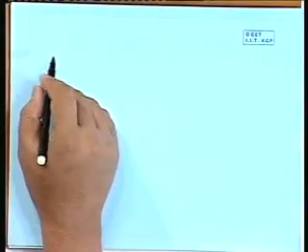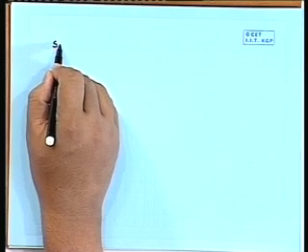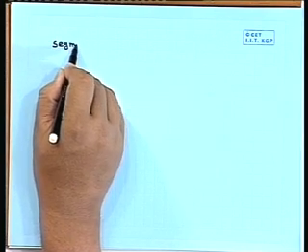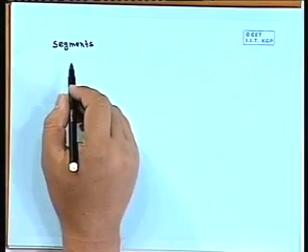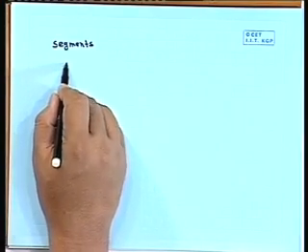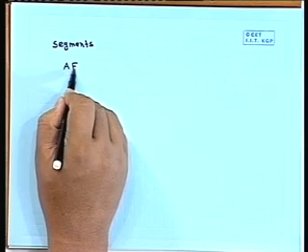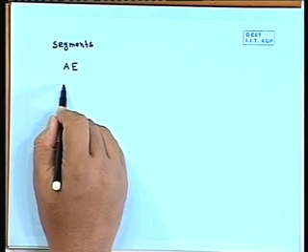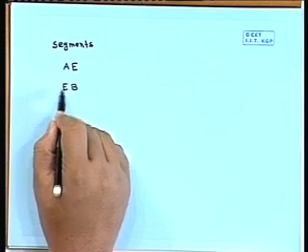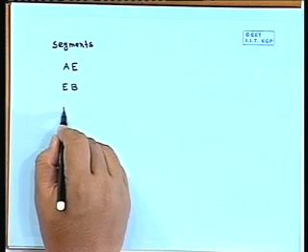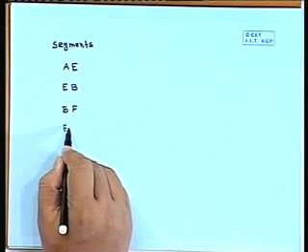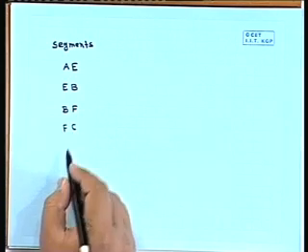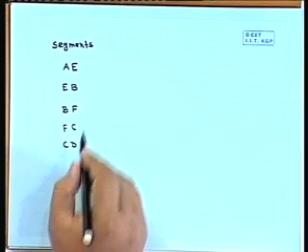Now if I come to the segments, the first segment was AE, the second segment is EB, the third segment is BF, then FC, and finally CD.